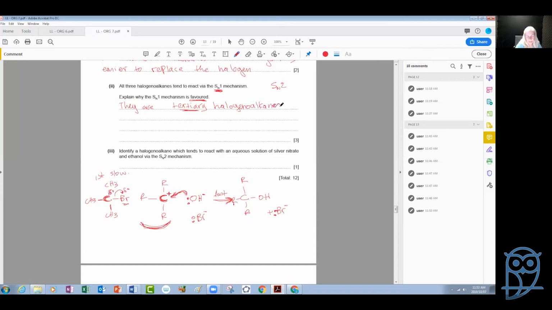So they are tertiary halogenoalkanes, which means there is a tertiary carbocation formed as an intermediary state.